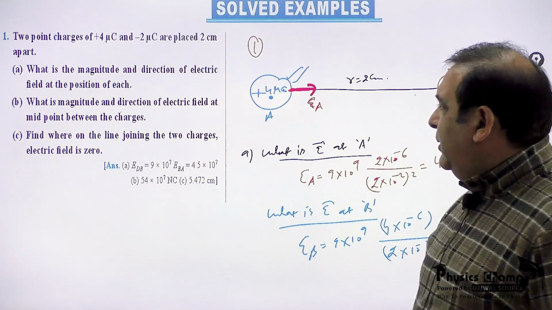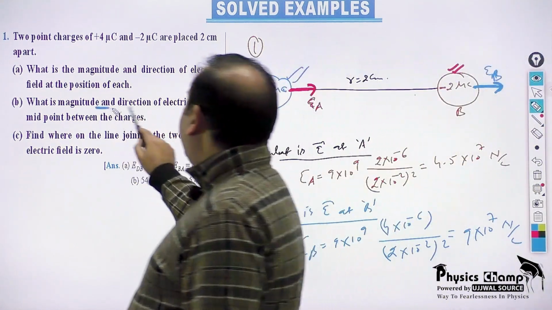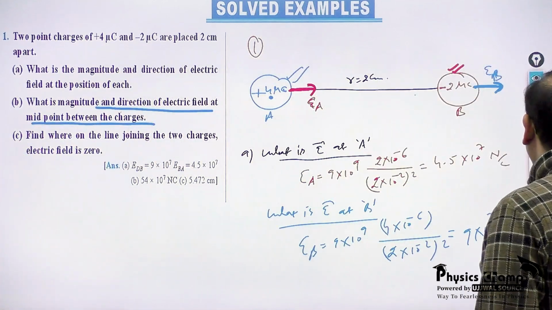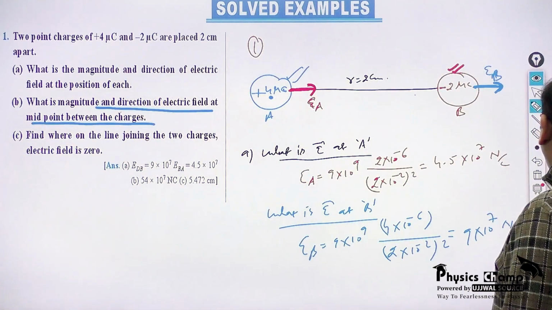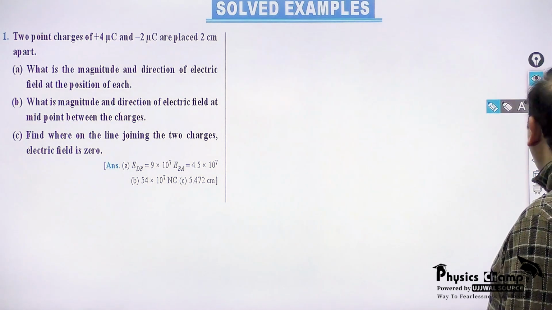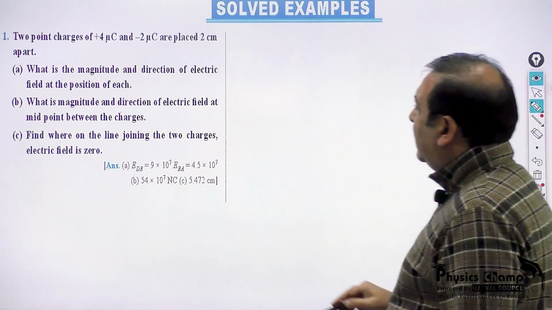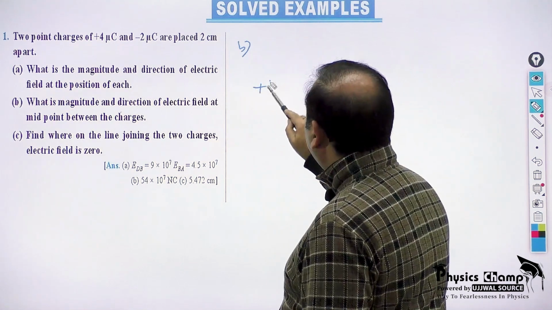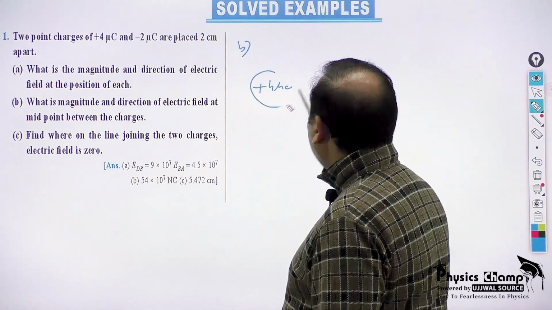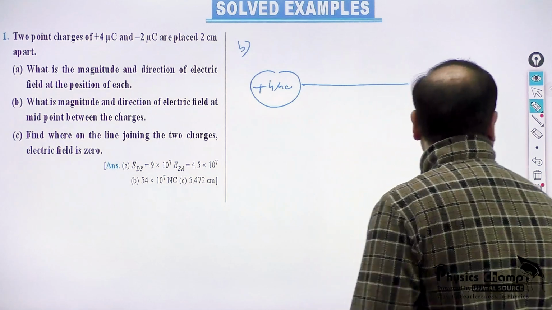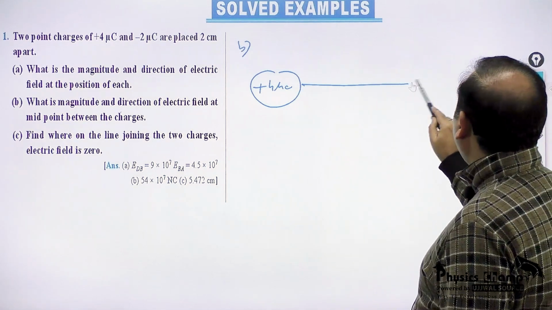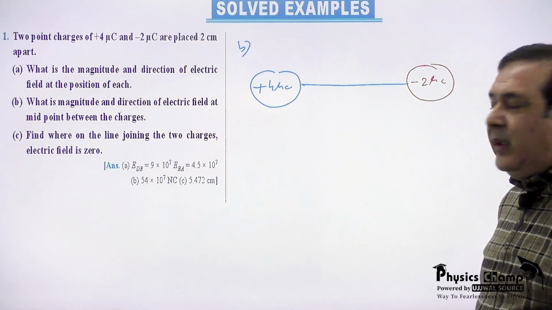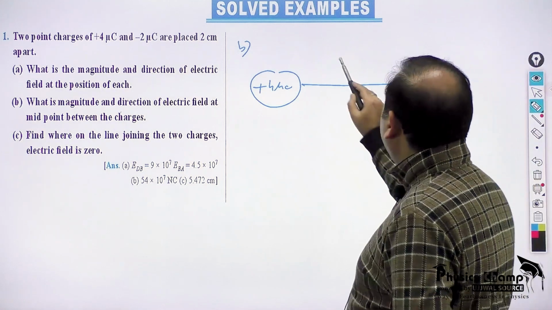Second part: what is the magnitude and direction of electric field at the midpoint between the two charges? So now I again draw the same situation for part B. You again have a charge of 4 microcoulomb and here a charge of minus 2 microcoulomb, and they are placed at a separation of 2 centimeter.